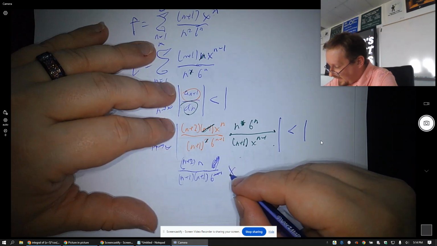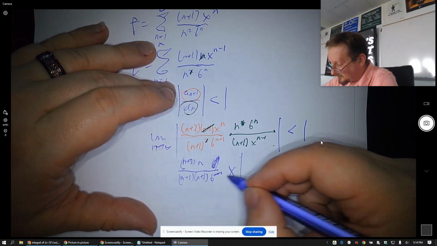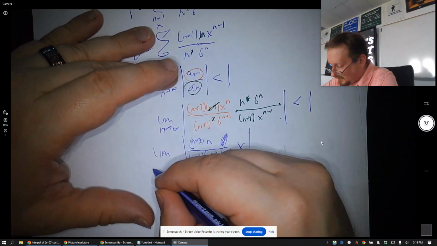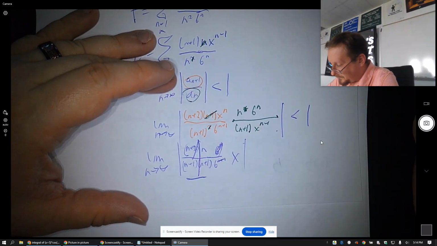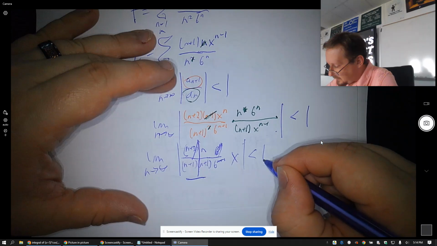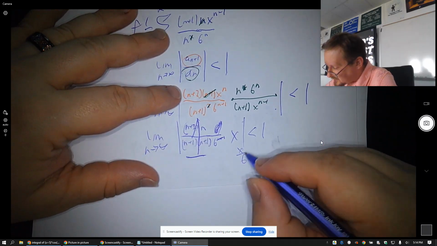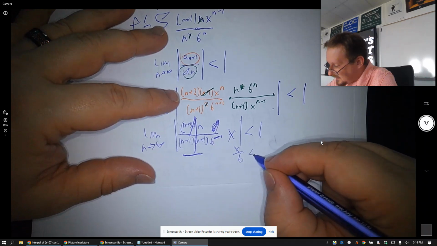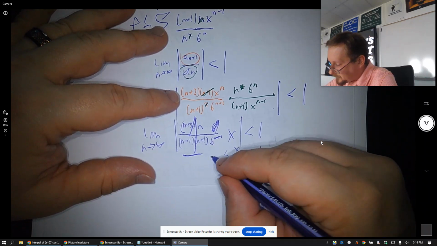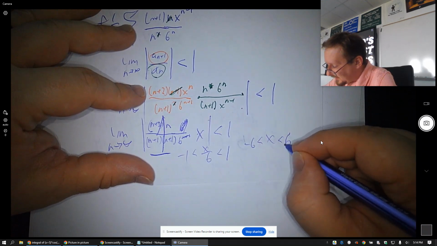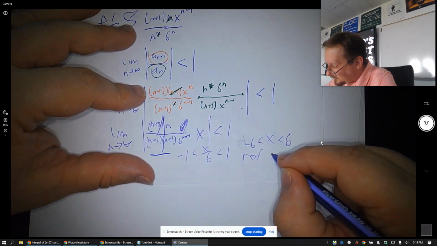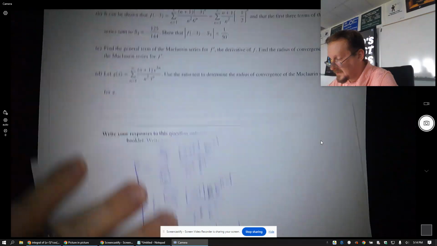And then I just have x, because that's how that divides. Limit as n goes to infinity, that is all worth 1. So what I get is x over 6 is less than 1 and greater than negative 1, which means that x has to be between negative 6 and 6. So the radius of convergence is 6 again.